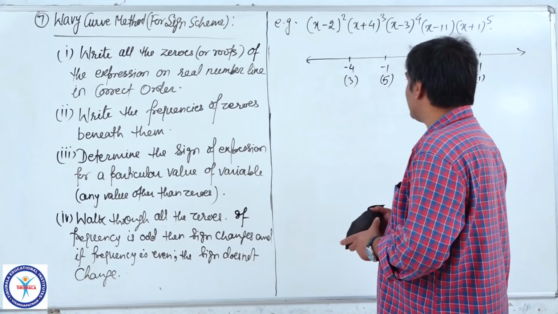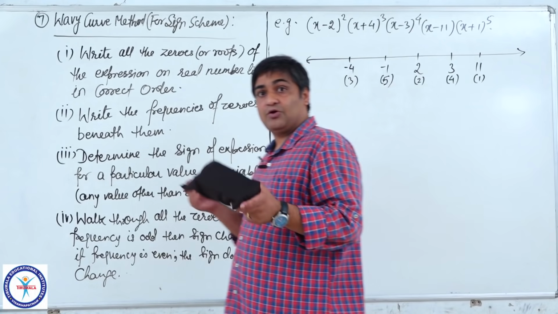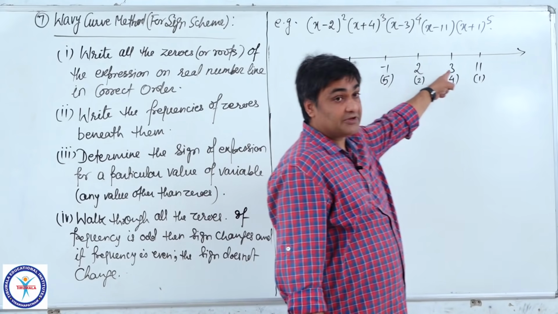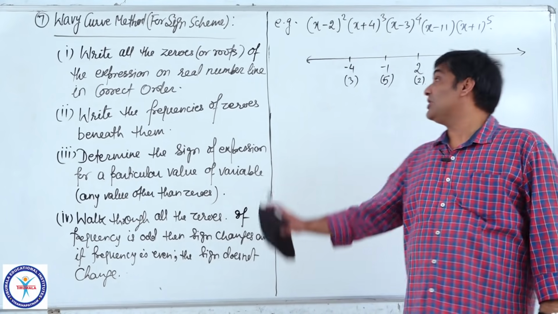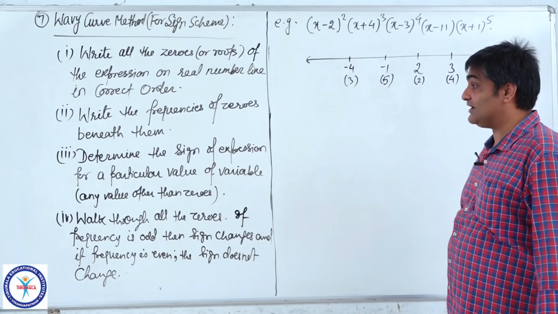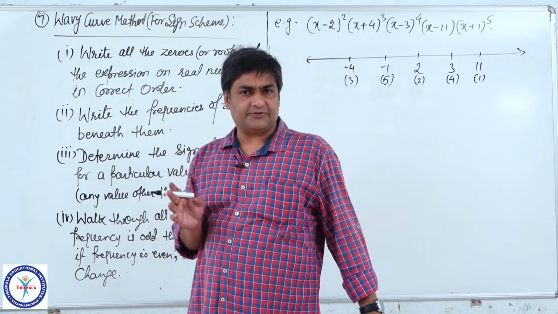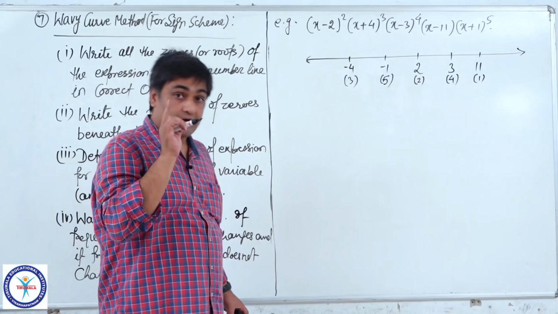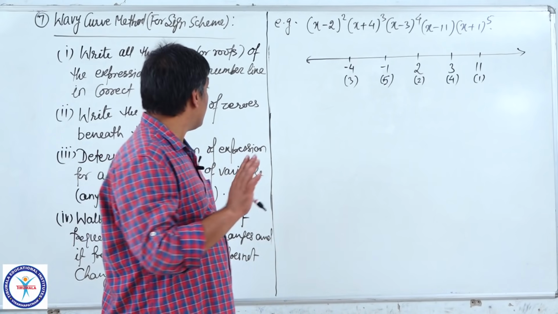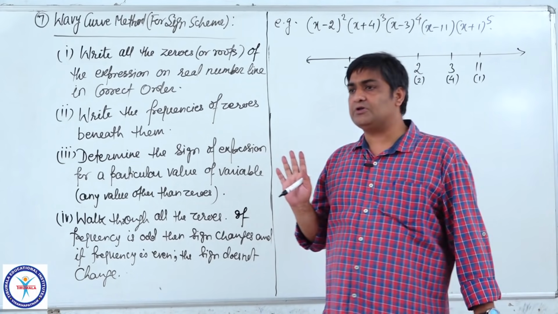I will take 50 here, but you can take 0, 6, 7, whatever, other than these roots, because if we put 3, the value is 0, we can't decide the sign. But always remember, taking 50 or 100 is not a hard and fast rule. You can take any value of your choice.